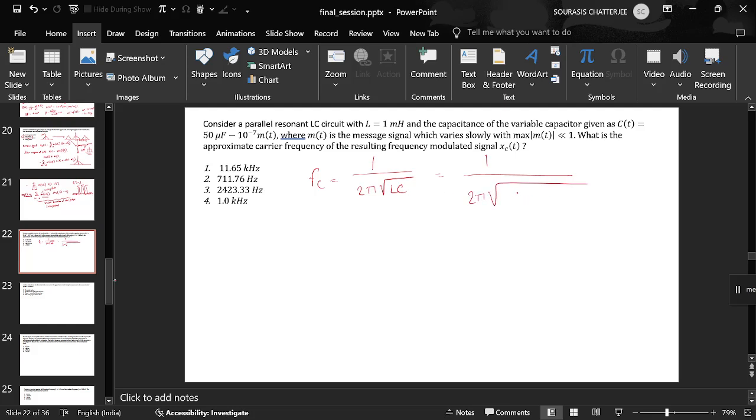So this is computed as 2 pi root LC, where L is 10 to the power minus 3, and the capacitor is 50 times 10 to the power minus 6 minus 10 to the power minus 7 m(t).